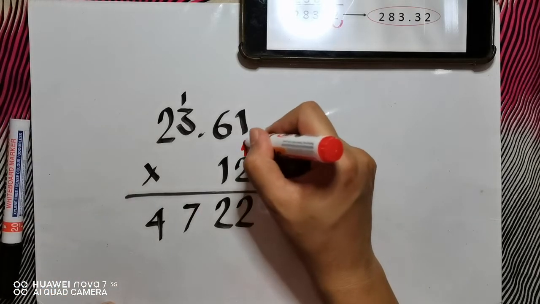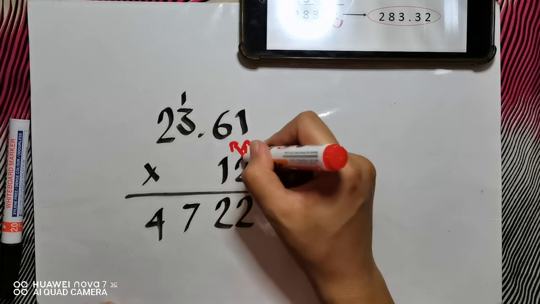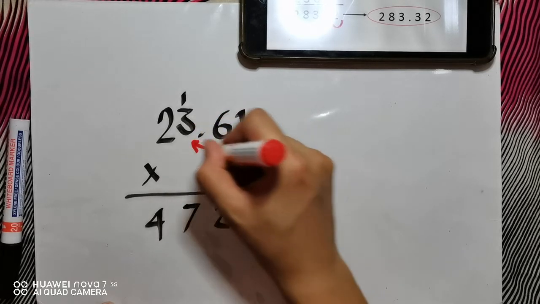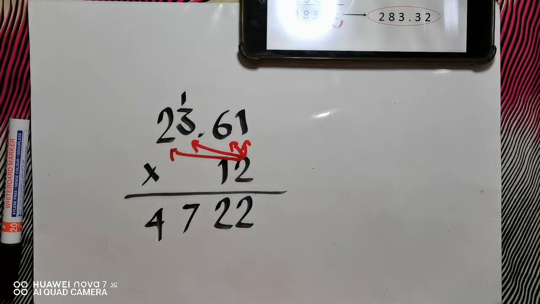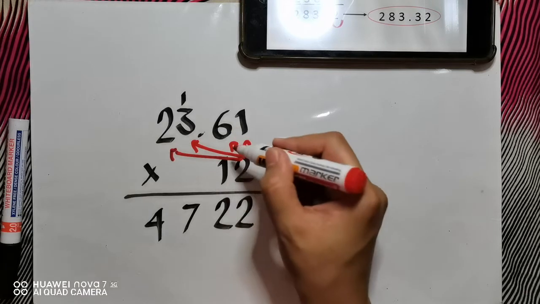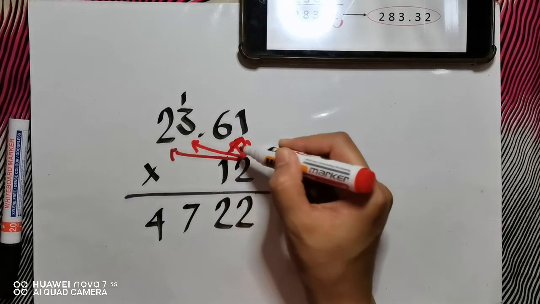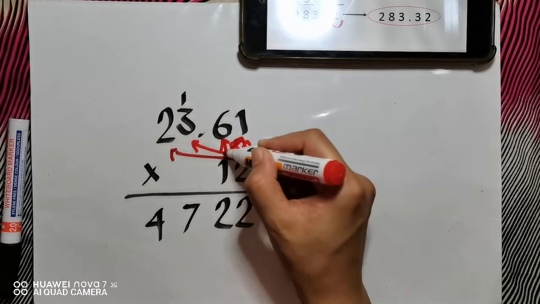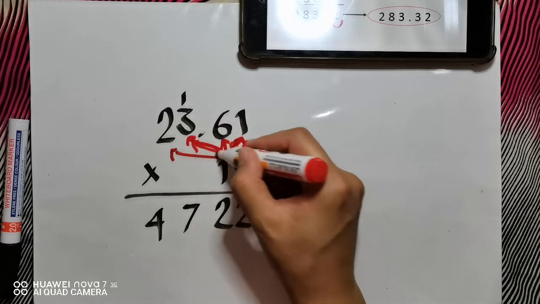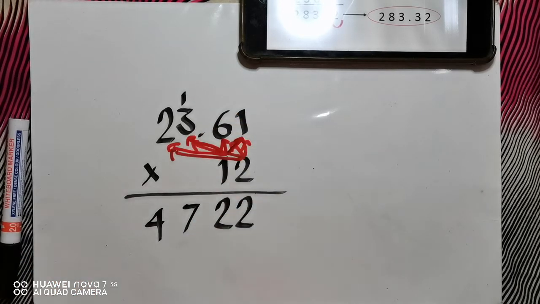Multiply doon. Multiply doon. Kaya naging 4,722 dito. Now, yung sa 1, ganun din. We're also going to multiply that with 1. Multiply with 6. Multiply with 3. Multiply with 2. Okay? Ganun din yan, ha?